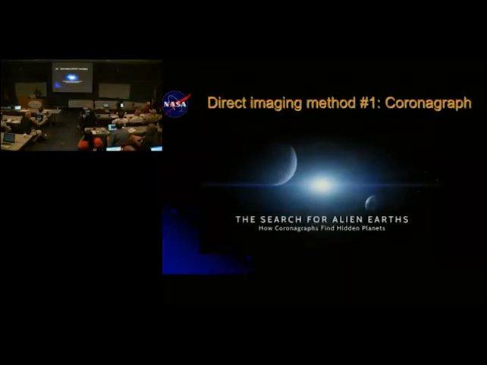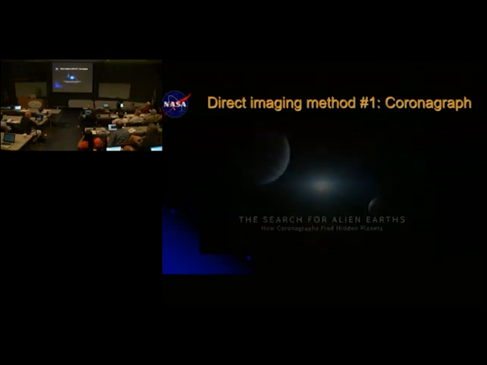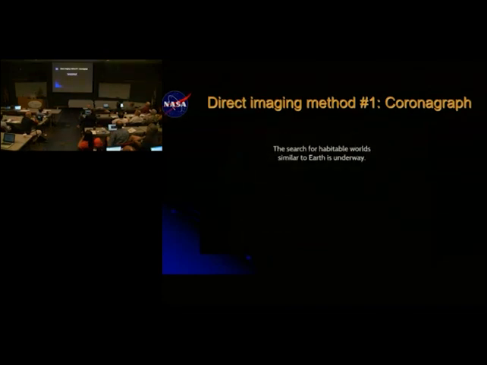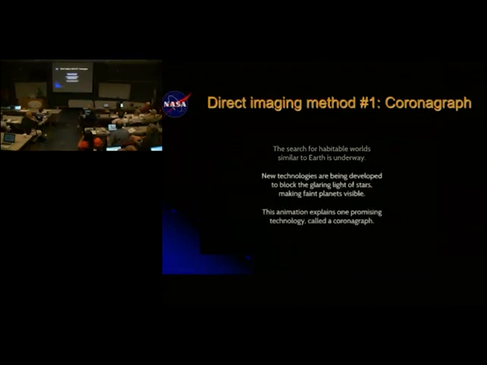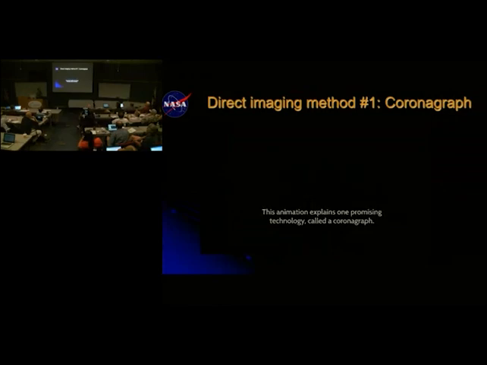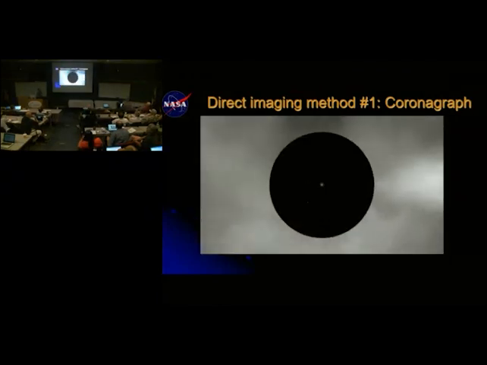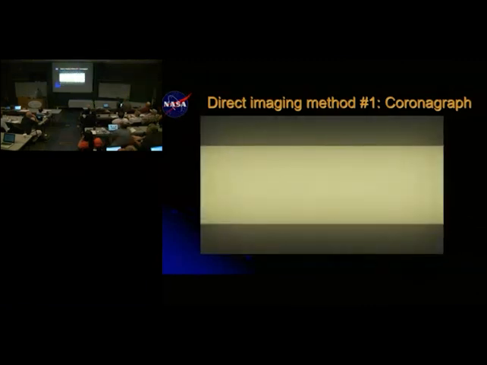So now let me talk about technologies for how to block the star so you can see a planet. That's the main technological challenge in this. And there are two technologies, the coronagraph and a star shade. So let me show you first how a coronagraph works. A coronagraph is a technology to block the star inside the telescope.